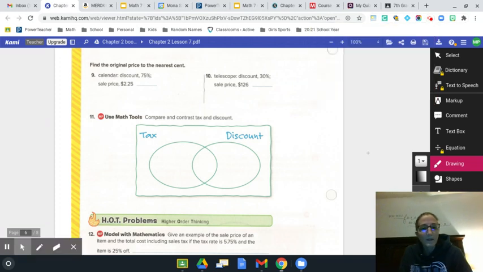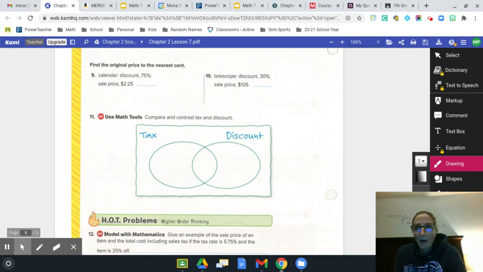Okay, so we have talked about tax and discount. And tax was in lesson 6, and discount is what we've just covered in lesson 7. I'm specifically looking at number 11, and it shows us a Venn diagram, and we're comparing and contrasting the two of those.